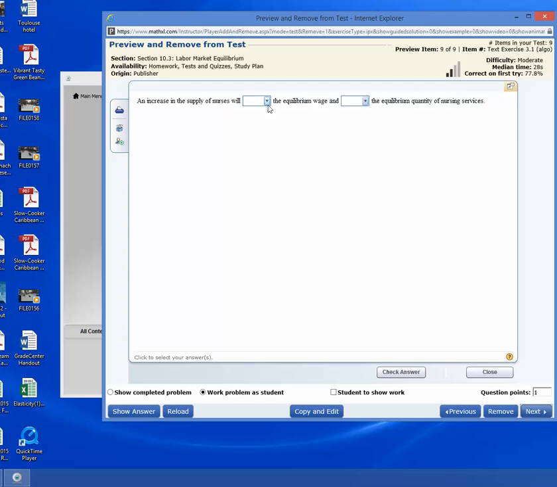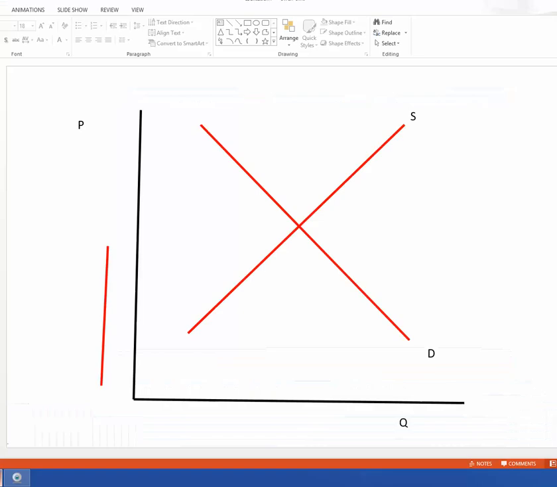An increase in the supply of nurses. Again, here we're looking at what happens to the equilibrium wage. Let me bring up a graph, because you know I love my graphs. Here we got the supply of nurses, we got the demand for nurses.